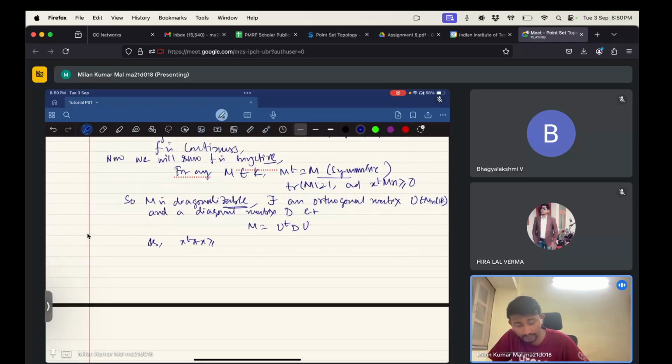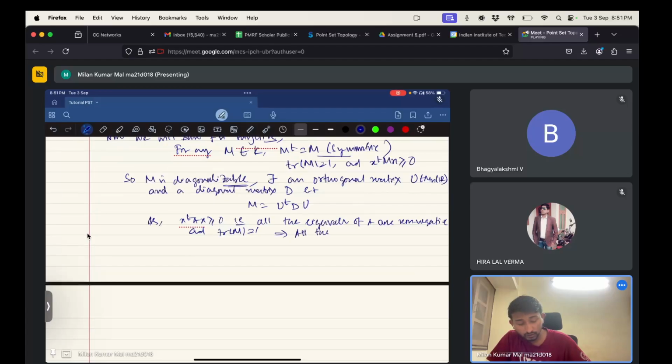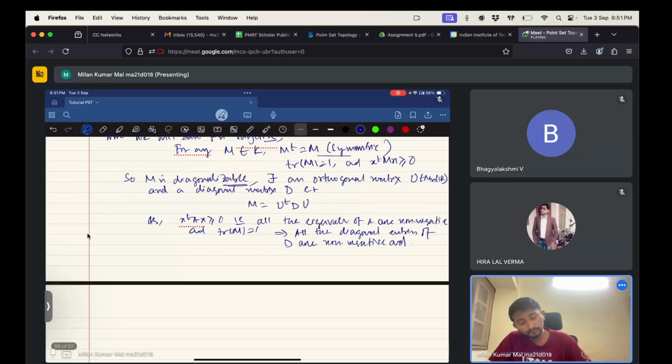As X transpose MX is greater than or equal to 0, that means all the eigenvalues of M are non-negative, and trace of M is equal to 1, that means all the diagonal entries of D are non-negative and trace of D is equal to 1.